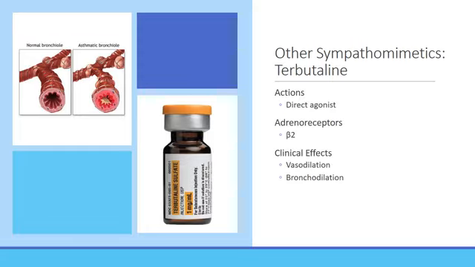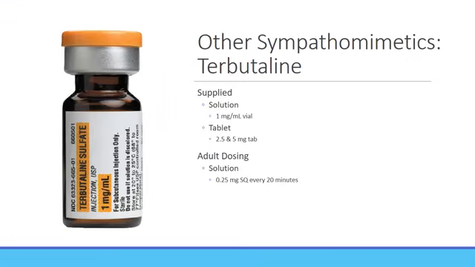I'll briefly mention terbutaline. Terbutaline is another direct-acting beta-2 agonist. The clinical effects are very similar to albuterol, and we're going to see vasodilation and bronchodilation as well. Terbutaline is typically supplied via either a 1 milligram per ml vial or a tablet.